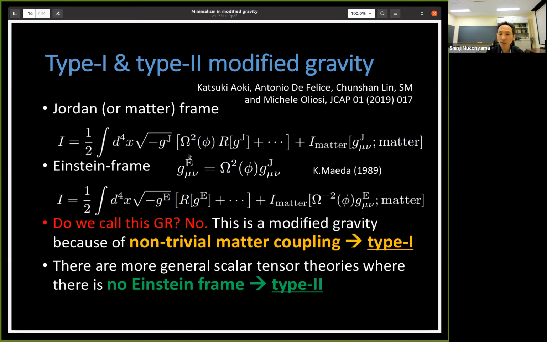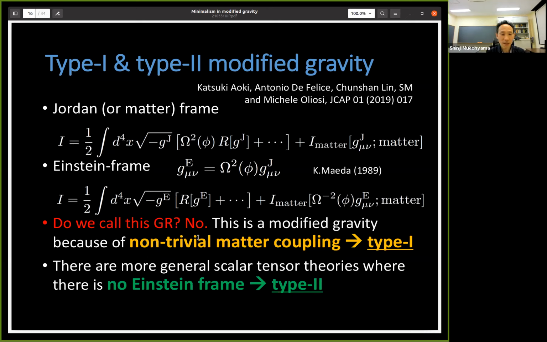We can define the new metric, the so-called Einstein frame metric. Then solving with respect to this metric and plugging it in here, we get this. In this case, this function is removed, so we have just the Einstein-Hilbert action. It looks like GR. So do we call this GR?